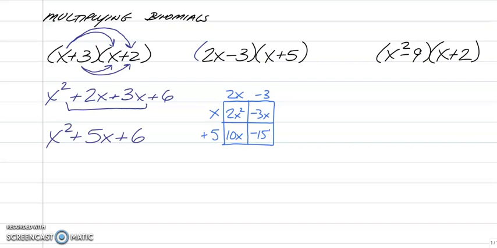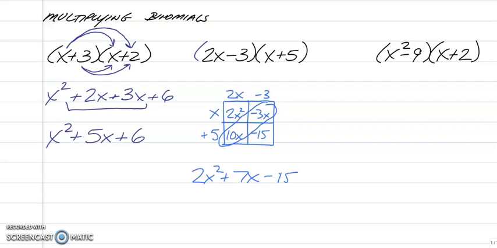And then what you do is combine your like terms again. So in this case, we have a 10x and a negative 3x, which of course would make a 7x, but then we still have our 2x squared, and we have our minus 15 at the end. And the last way I've seen this done, it's like a double distributing method.